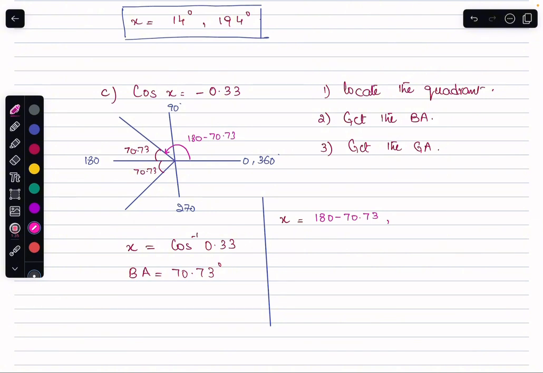Then in the third quadrant, starting from 0, this is where my general angle is, so it's 180 plus 70.73.